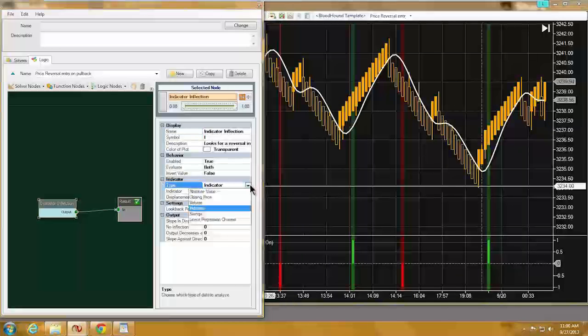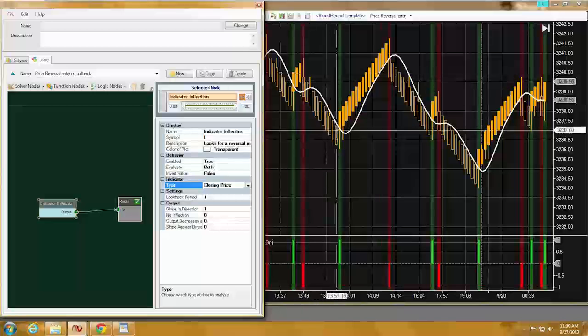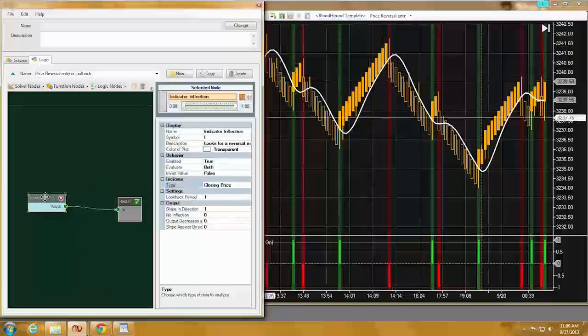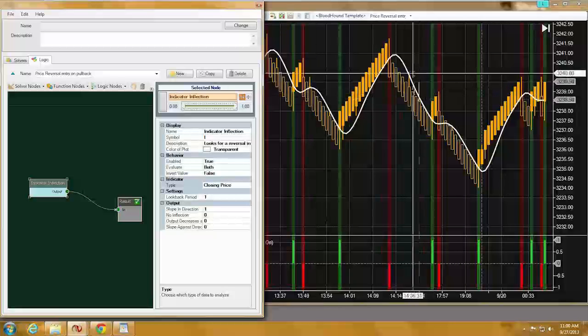So I can just simply set our indicator parameter to the closing price, and now you can see we get signals every time the bars reverse in direction. So very simple signal.